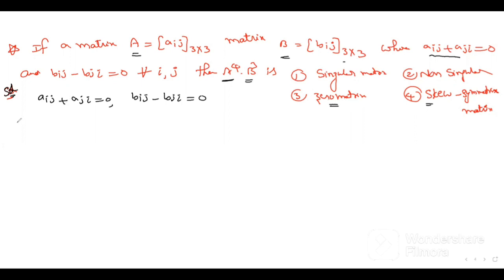Okay, what is the given condition? Aij plus Aji equals 0. Sending to the right side, what do we get? Aij is equal to minus Aji. This is the definition of skew symmetric. So transpose of A is equal to minus A. Here A is a skew symmetric matrix.